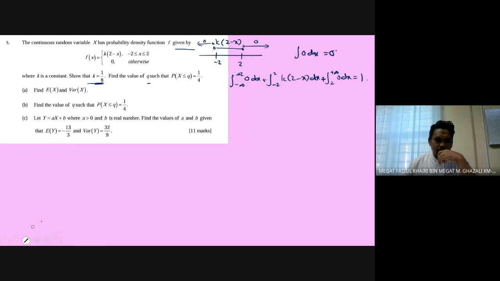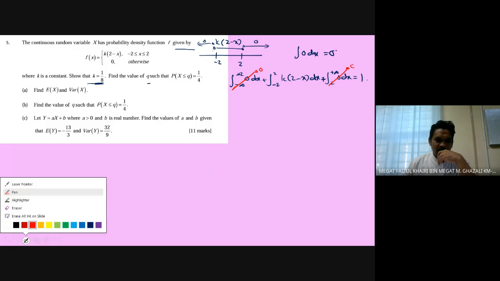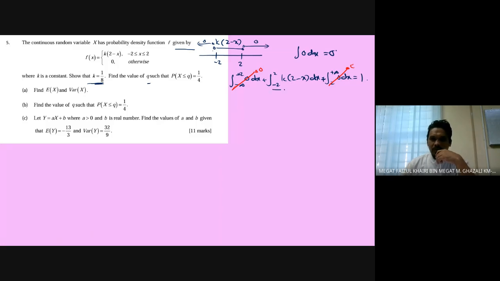So 0 here and 0 here. So only this function is left. So the integral of this, k times 2x minus x squared over 2, from -2 until 2 equal to 1.